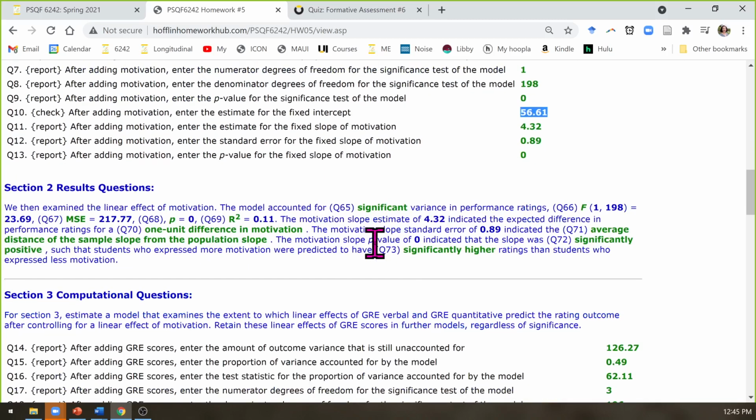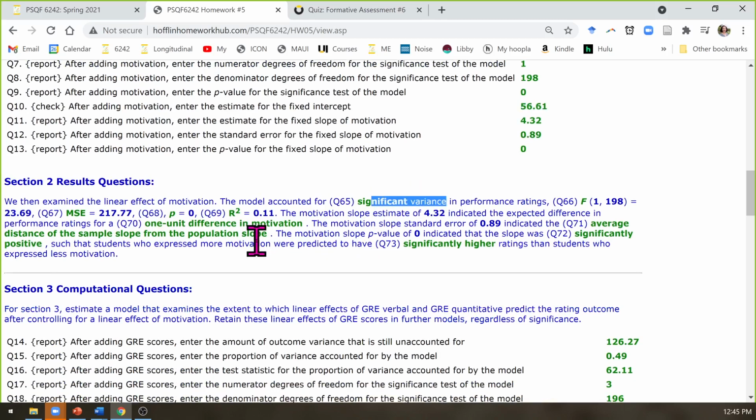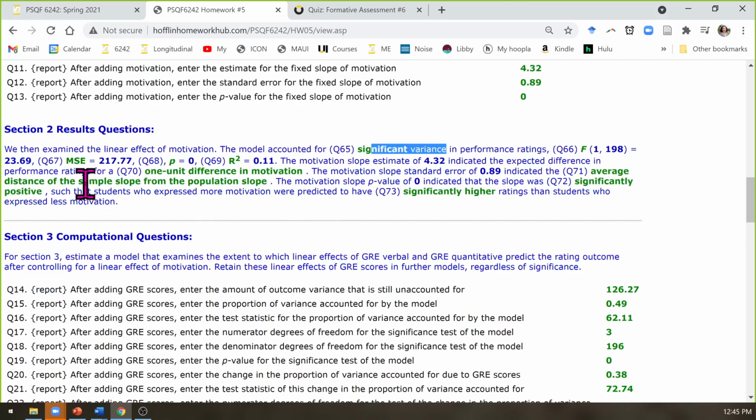So then we have whether or not the model accounted for significant variance. That is a test of that new slope. And it is the difference in performance for a 1 unit difference in motivation. So it's per x, per unit change in x. The standard error of the slope is how far off the sample version of the slope would be on average from the population slope.